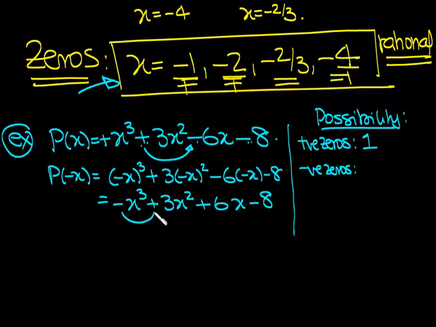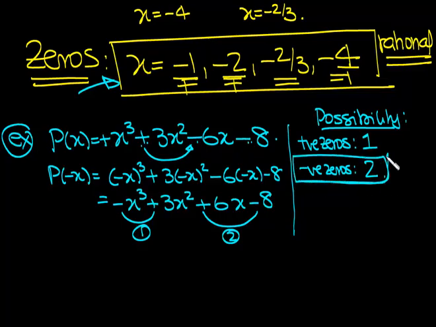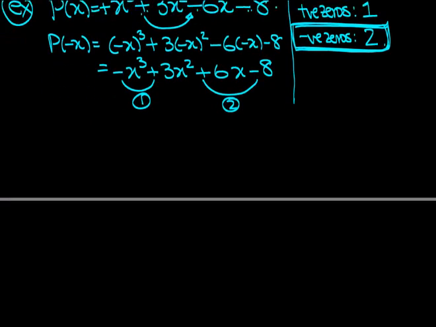I have a sign change from here to here, negative to positive. There's no sign change here, but there's a sign change here. So there's 1 and 2 sign changes. So there's a possibility that I have more negative zeros. So when I get my choices, I'm going to try the negative ones first, because it looks like I have more chances of having negative zeros. That's why this Descartes sign rule does help to narrow things down.